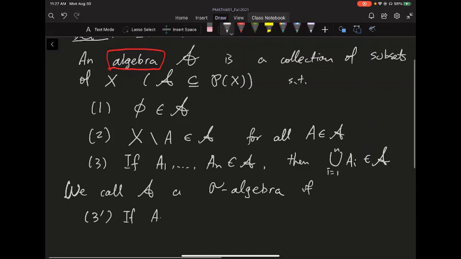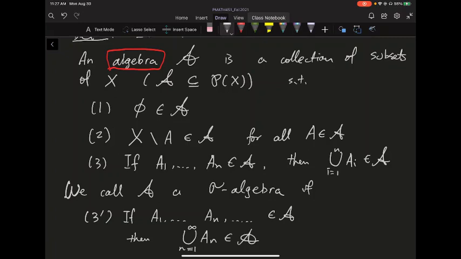So if I take A1 up to An, and then I just keep going, in other words, I have a sequence of subsets in A, then when I take the union of this infinite sequence, the union as n goes from 1 to infinity of these An, I require that it is also inside the set A. If this strengthened version of 3 happens, we call it a sigma algebra.